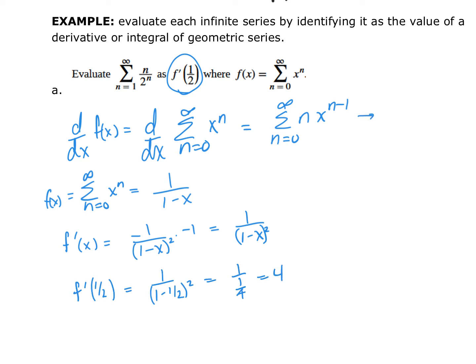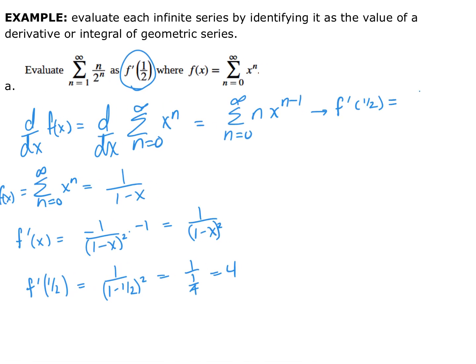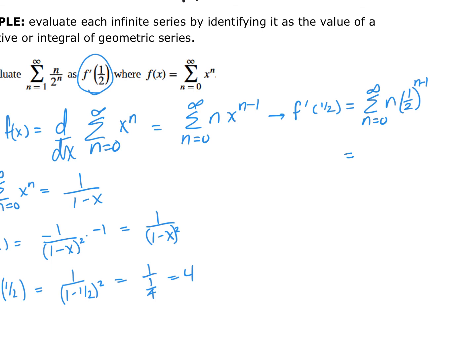But if I have this as f prime of 1/2, then this also equals the summation of n equals 0 to infinity of n times 1/2 raised to the n minus 1, which is going to give me the summation of n equals 0 to infinity of n, and then I'm going to write this as 1/2 to the n times 1 over 2 raised to the negative n, which is going to give me 2.